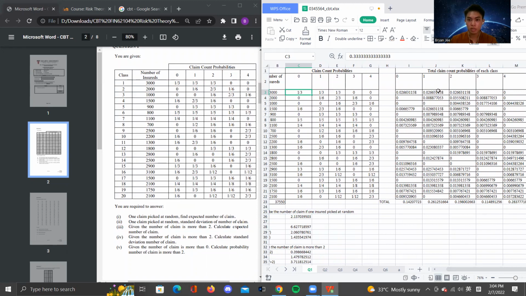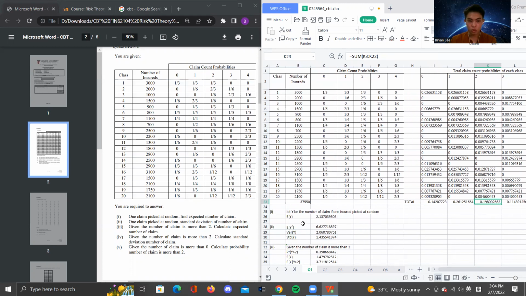The same logic applies for 1, 2, 3, 4, and all the columns and rows. Then we sum it up for each column to get the total probability corresponding to 0 claim, 1 claim, 2 claims, 3, and 4.